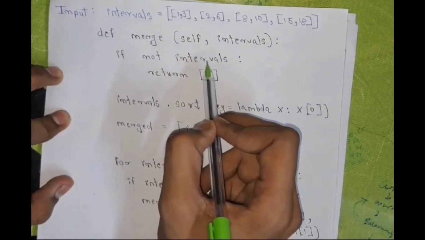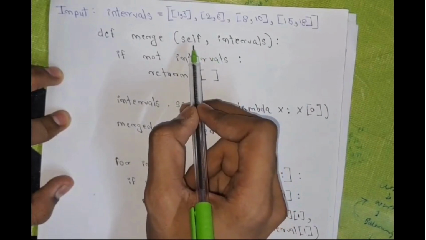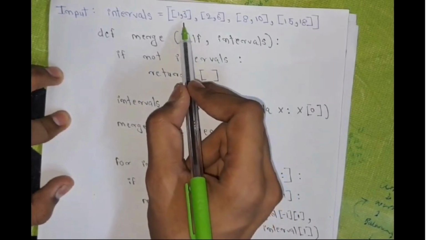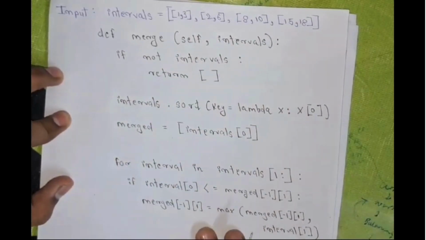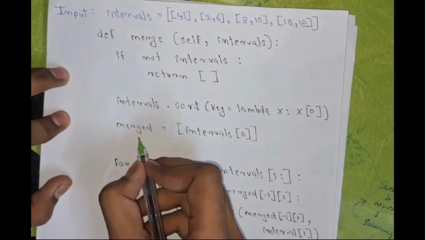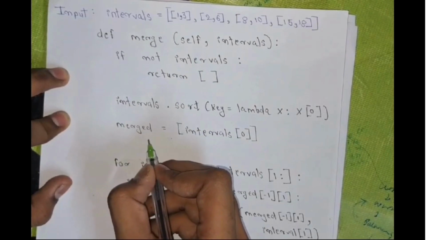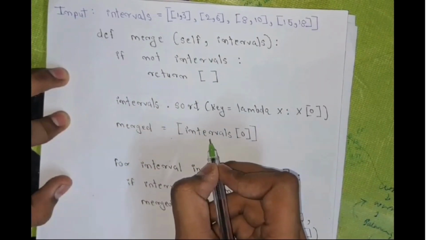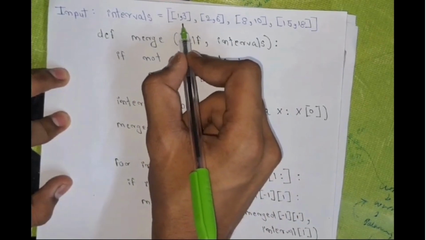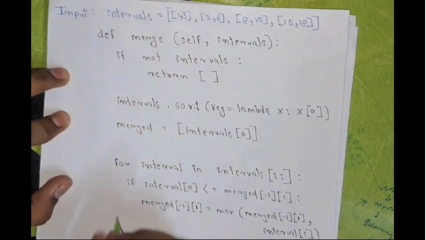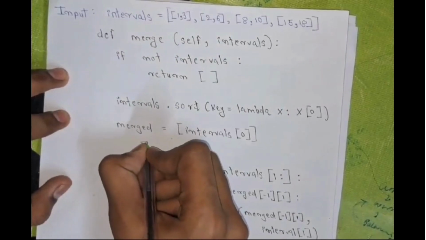As you can see, in the given question they have already provided the sorted intervals, that is 1, 2, 8, 15 are in ascending order. Then we will create a merged array with its first element as the first subinterval, which is 1 comma 3. So merged will initially become [[1,3]].